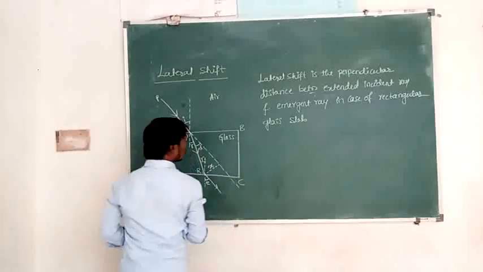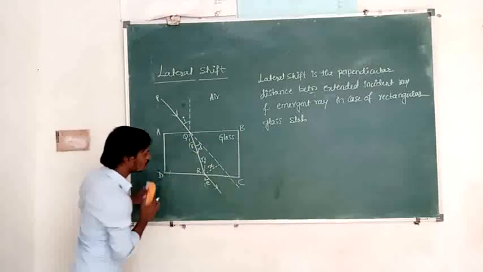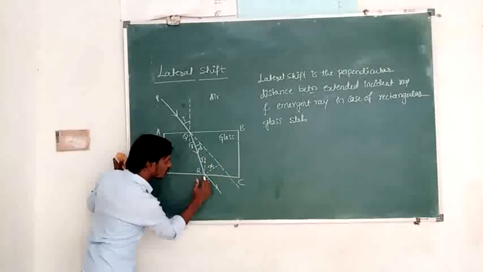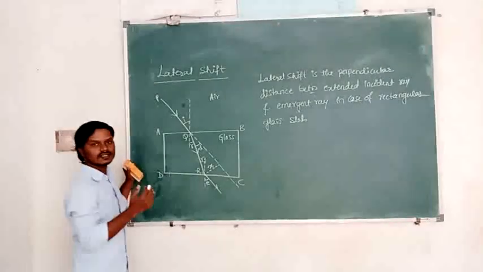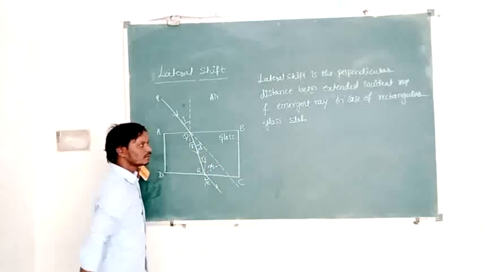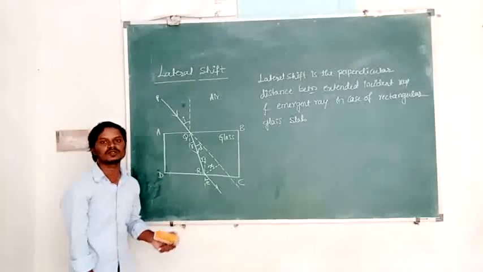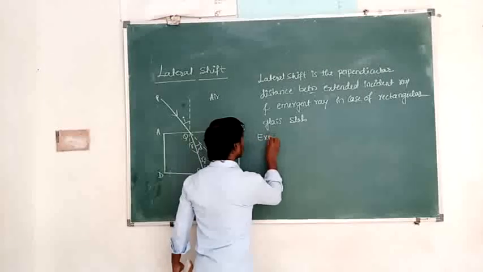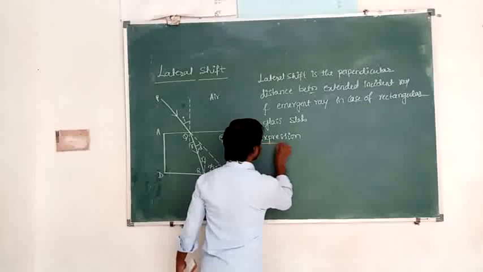So what do we mean by lateral shift here? Lateral shift is the perpendicular distance between the extended incident ray and the emergent ray. It tells by what distance the incident ray bends from its initial path. Then what is the expression for lateral shift, that is, the formula? Actually there is no derivation for this one; there is a direct formula.